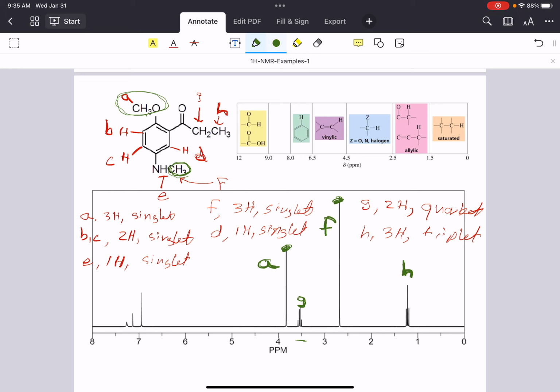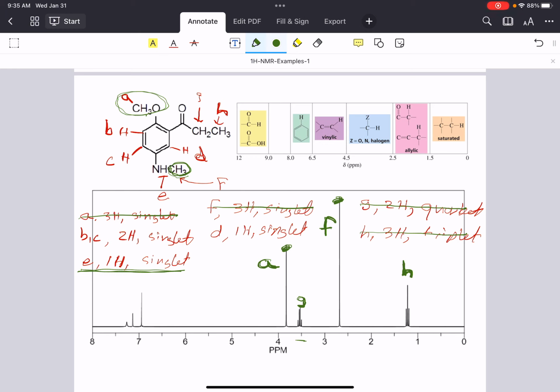Okay. So if we think about what we've assigned, we've assigned H, G, F, and A. All that we have left now are the aromatic hydrogens B, C, and D, and then also this extra hydrogen that sits on nitrogen.